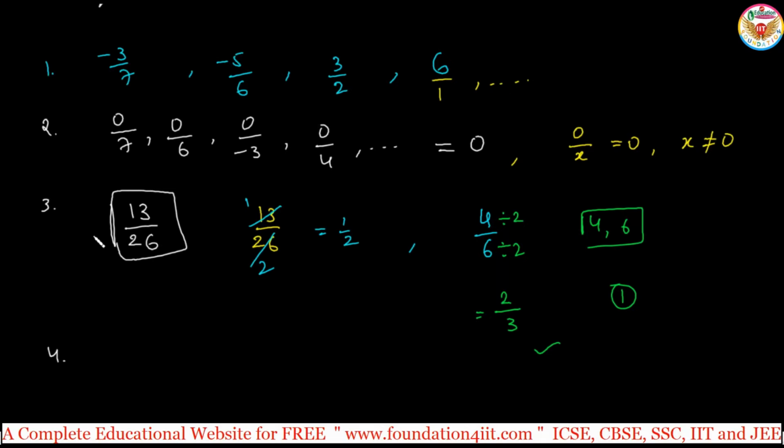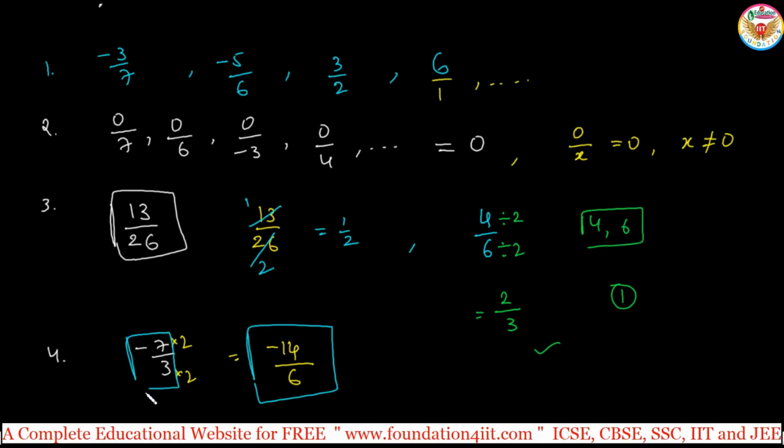And one more rule I will show you. For example, minus 7 by 3, we know that this is a rational number. If you multiply the same number with the numerator and denominator, I am multiplying with 2 and 2. Minus 7 into 2 is minus 14, 3 into 2 is 6. That means the value of minus 14 by 6 is exactly equal to minus 7 by 3.